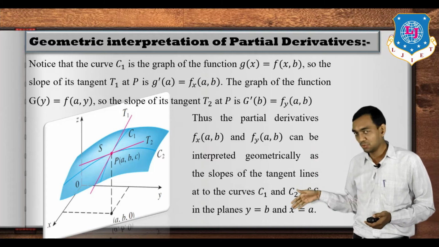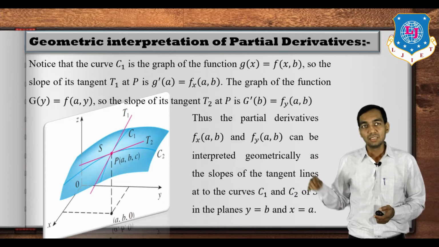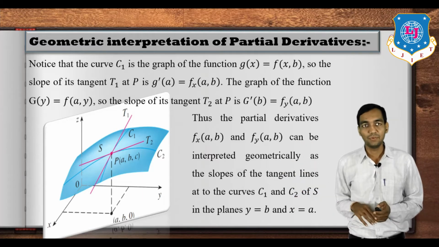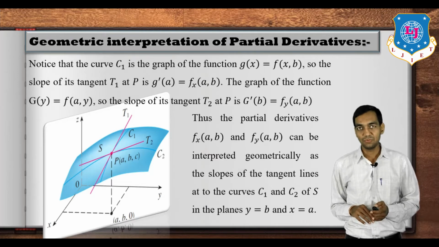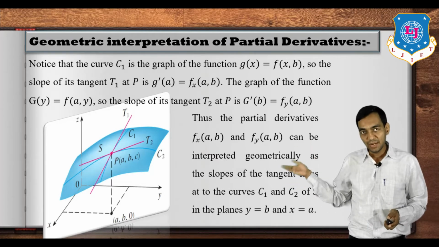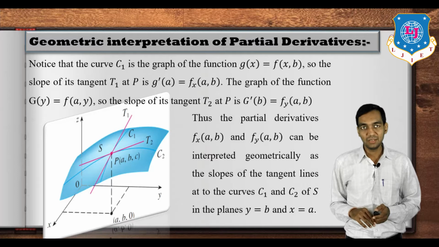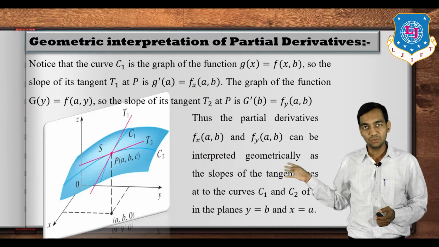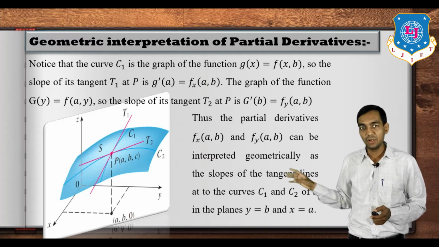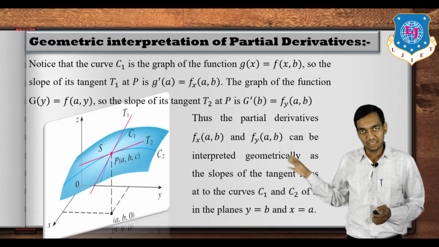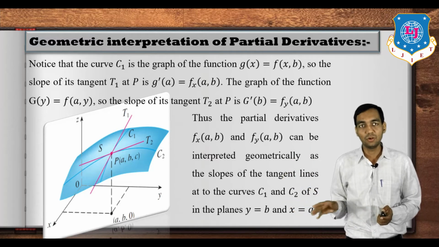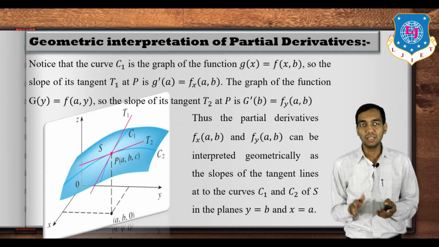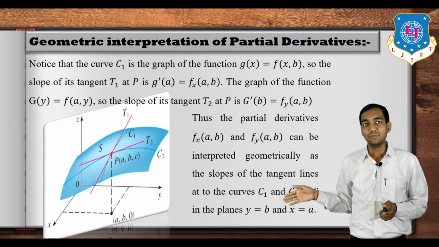In the same manner for C2, you have a function capital G of y is equal to f of a comma y, and you are finding the tangent at the point P. Then that tangent T2 at the point P is nothing but the partial derivative of the function at the point P with respect to y.